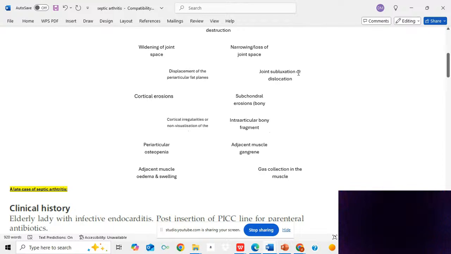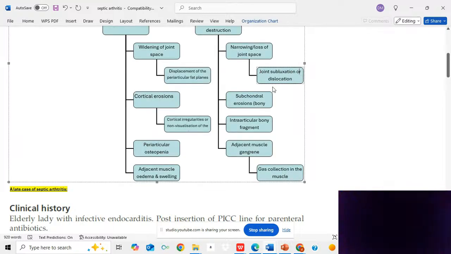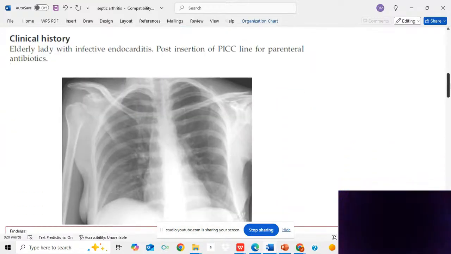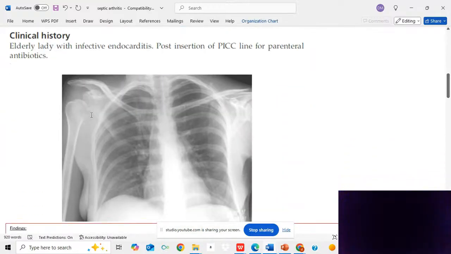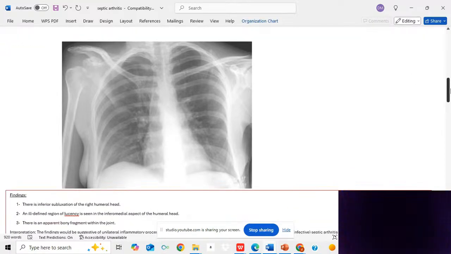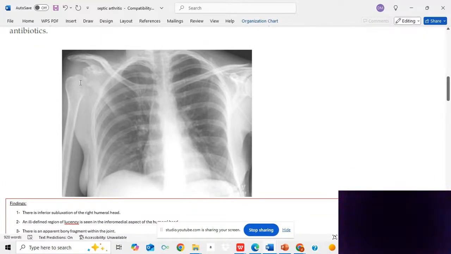Due to joint destruction and loss of the joint space, there is joint subluxation. Let's see the joint subluxation here. There is inferior subluxation of the right humeral head.